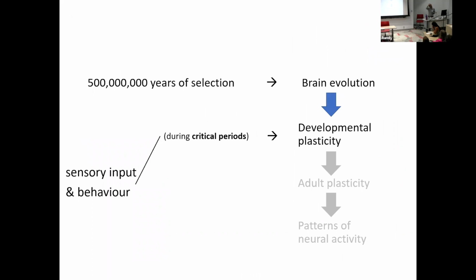So, brain evolution constrains how sensory input and behavior shape the development of the brain. But the input that animals get during critical periods also can have a huge effect on the overall organization of the brain.